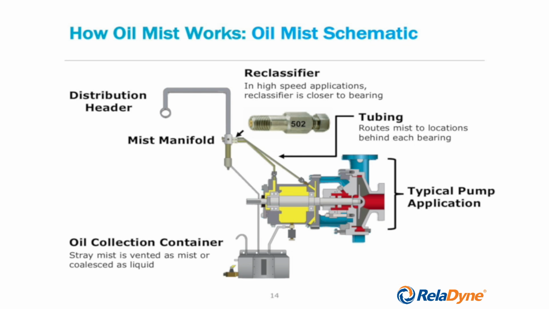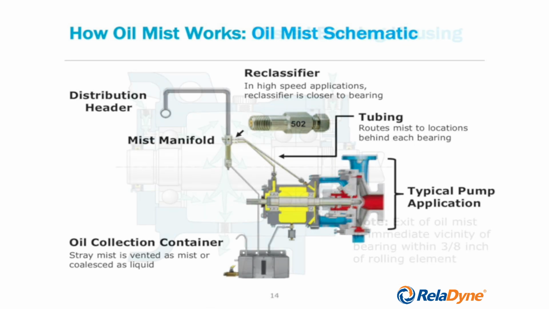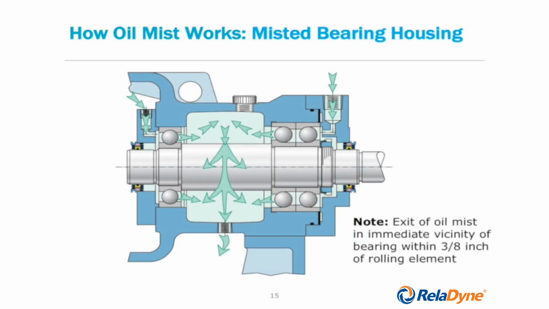And it can either be drained into another container or it can be pumped back into the return manifold. Here is the slide which is of great importance because it shows the path that is taken by the oil mist through a bearing. You can see that on the extreme right we have a thrust bearing.